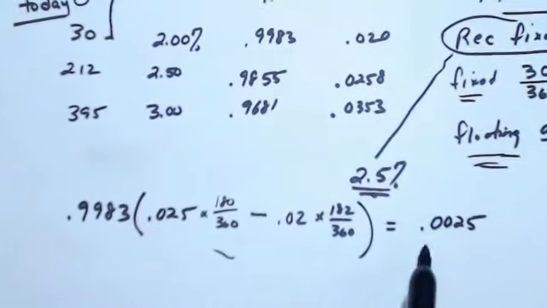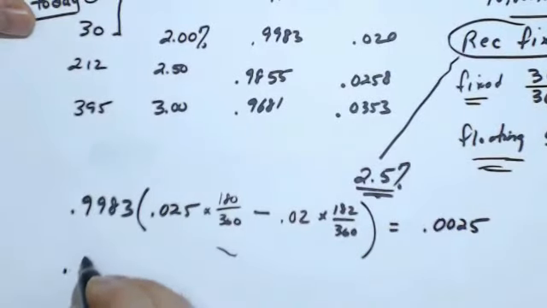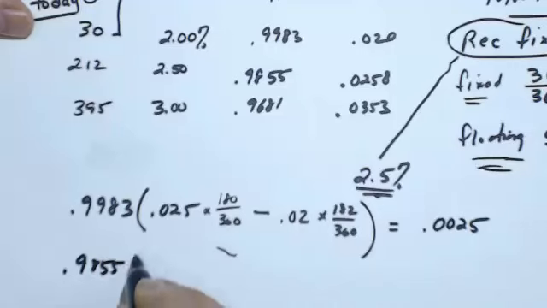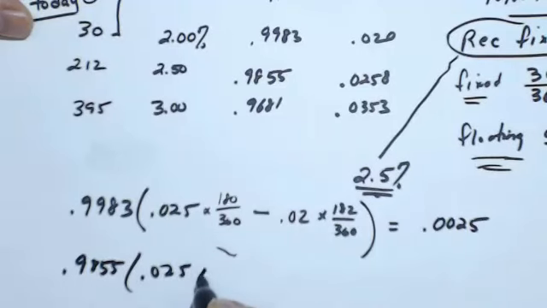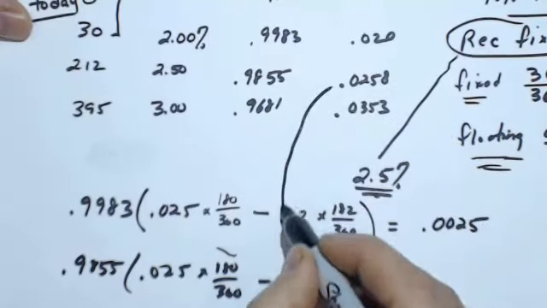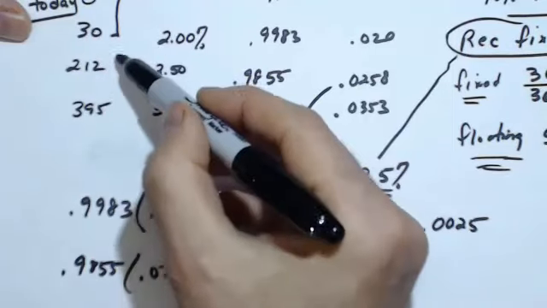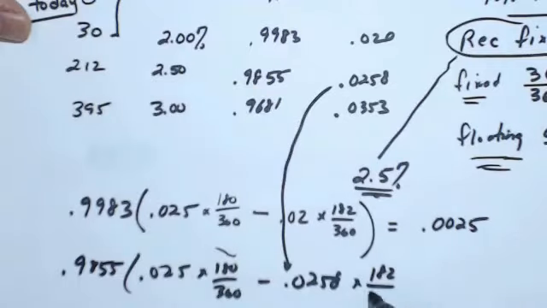Okay, so now let's do the next two cash flows. Now here's my discount rate. Here's the 2.5%. Now here's the floating side coming down here. 182 days in that time period, as you can pick up here, 182.